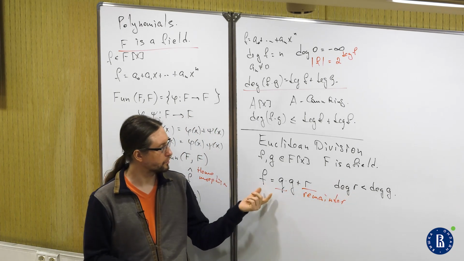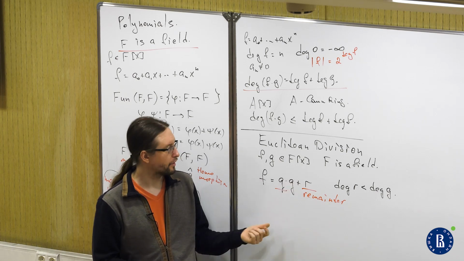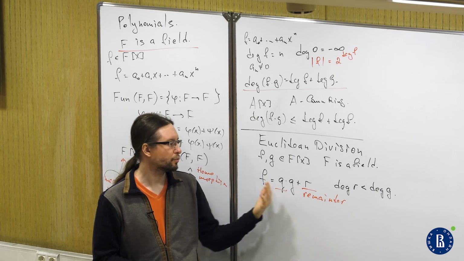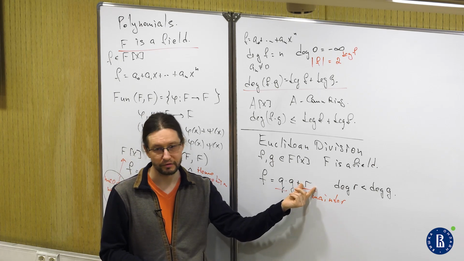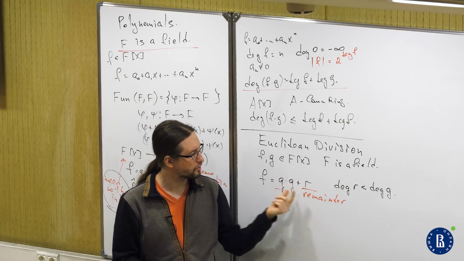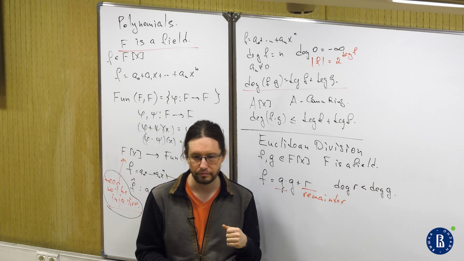So we want to divide f by g, but it may happen that f is not divisible by g. So we will represent f as g times something plus something smaller than g. And the way to explain that r is smaller than g is to say that its degree is strictly smaller than the degree of g. Okay?